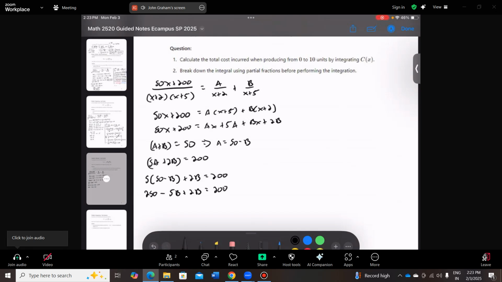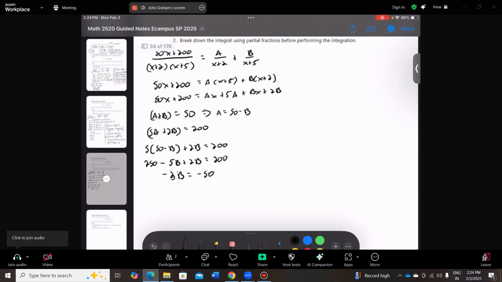Subtract the 250. So our negative 3b equals negative 50. So b equals 50 over 3. I'll make sure I did everything right.